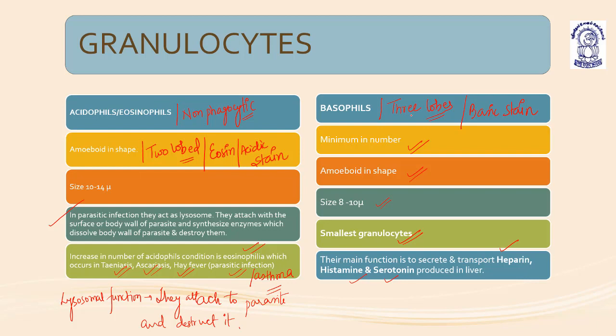Both mast cells and basophils liberate histamine and heparin, as well as smaller quantities of other cell mediators.